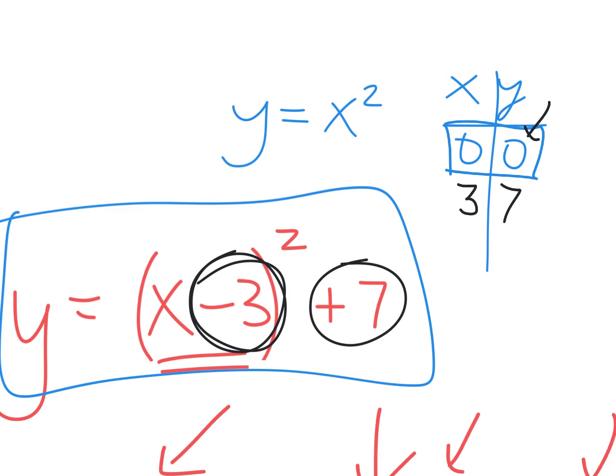All right, but what if I gave you another point? Would you agree on the original graph, if I put in 2, I would have got 4? Would you agree that 2, 4 is not on the new graph? But where would the point 2, 4 have moved?